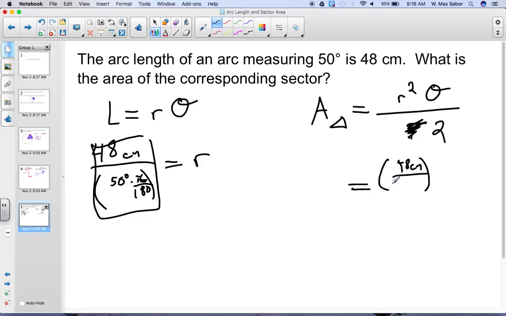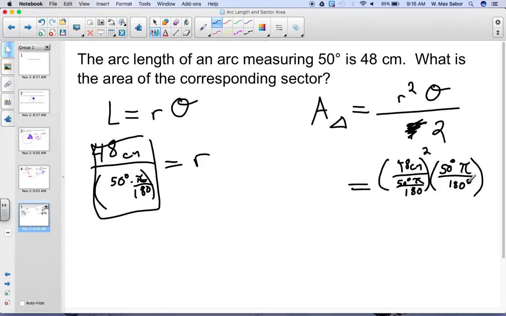I'm not simplifying it because I don't have a calculator. And then this is squared, and then theta is 50 degrees times pi over 180.